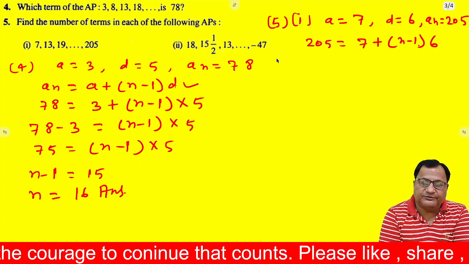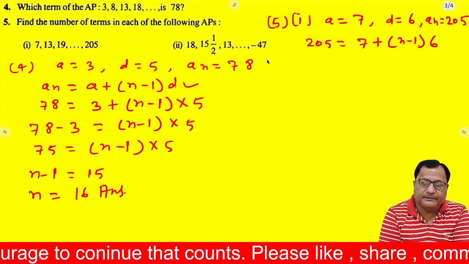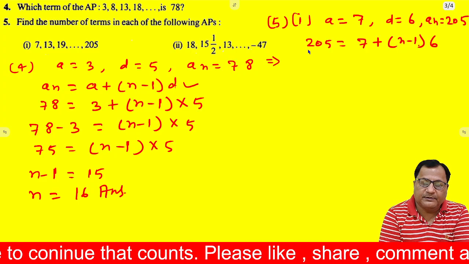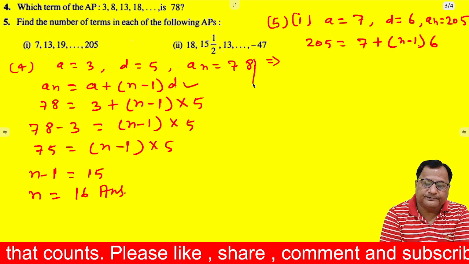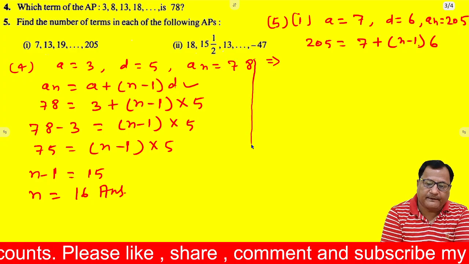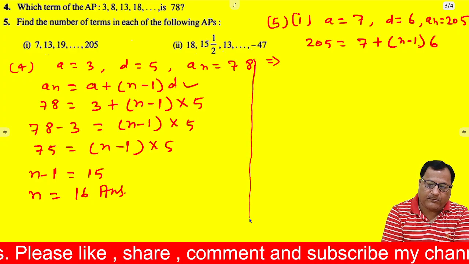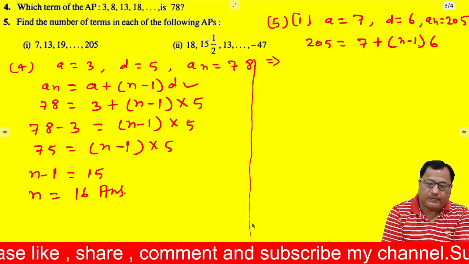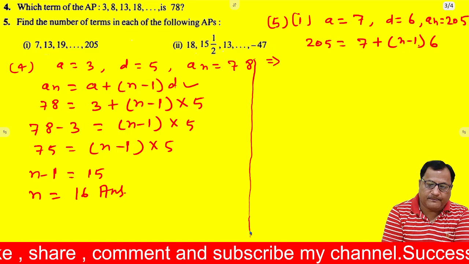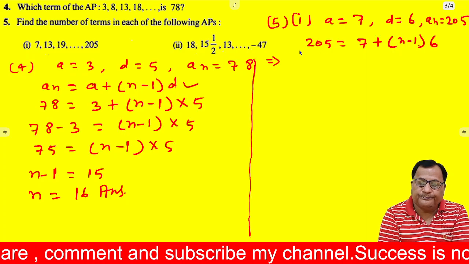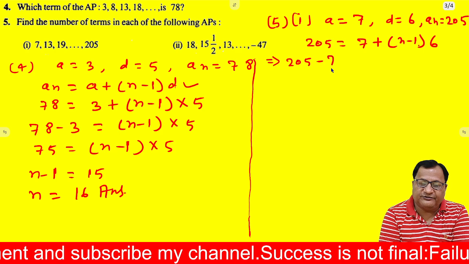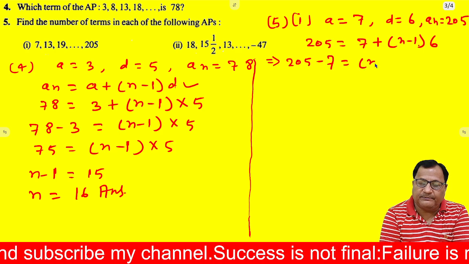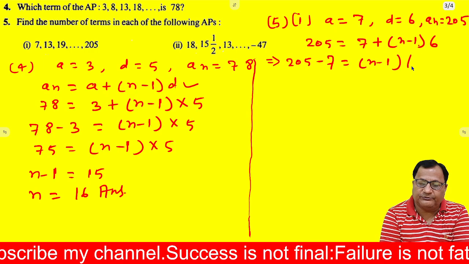Now this will come this side. So subtract. 205 minus 7 is equal to N minus 1 into 6.